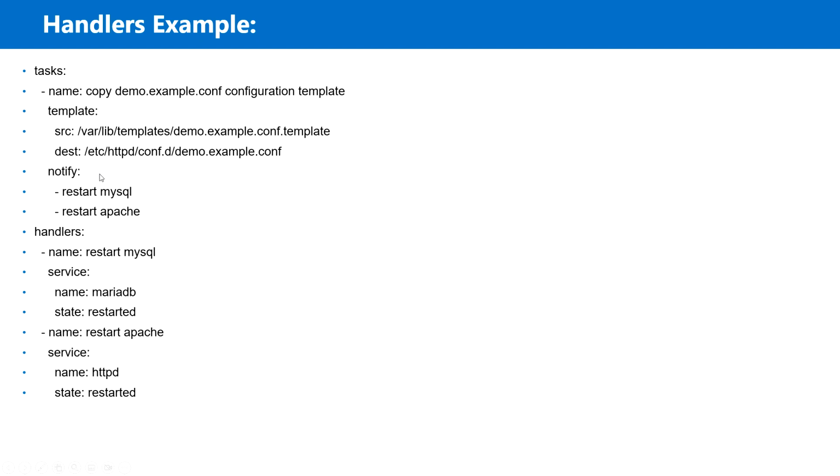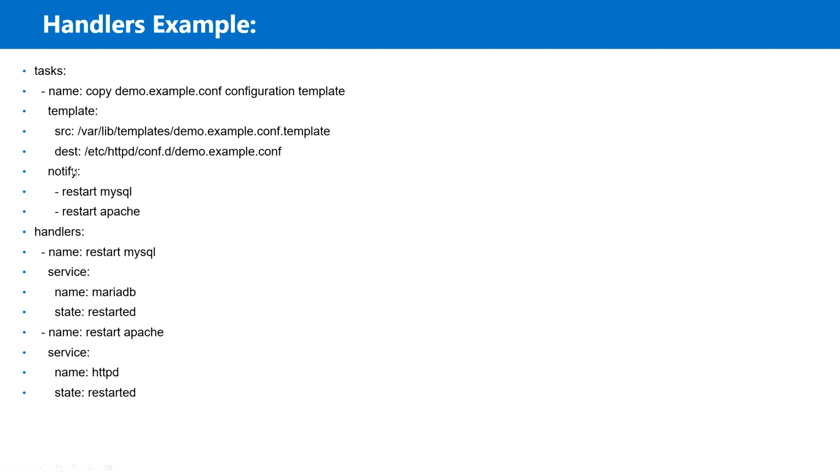Once we specify the notify, it will trigger the handler to restart the service. So after this task runs, it will notify the handlers to restart MySQL and restart the Apache service.